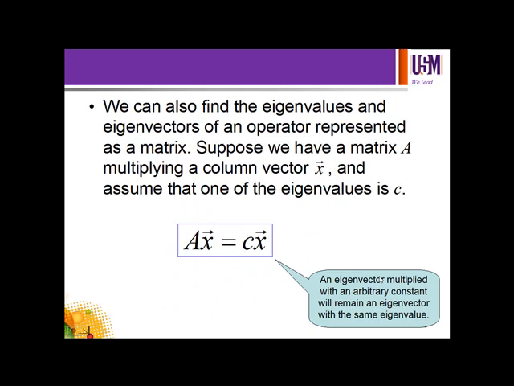We can also find the eigenvalues and eigenvectors of an operator represented by a matrix. That means you can represent the eigenvalues and eigenvectors equation, as we have come across in the previous segments, as a matrix. Suppose we have a matrix A multiplying a column vector X, and assume that one of the eigenvalues is C. So we have this expression.